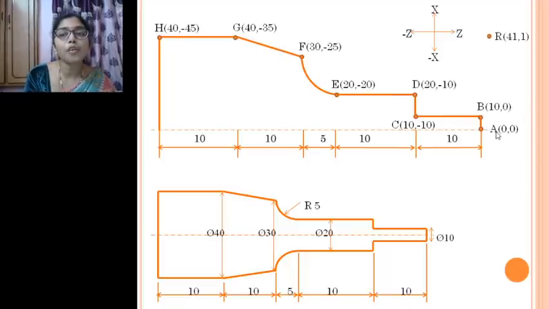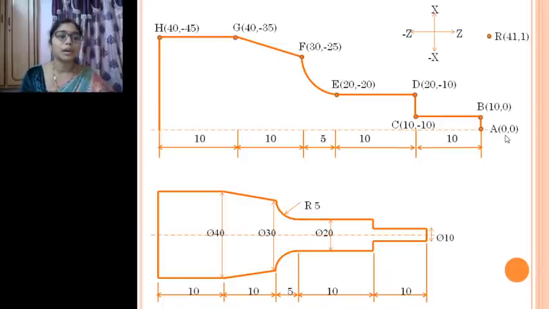This kind of representation of the points based on one initial point, one reference point, we call this absolute mode of defining the point.